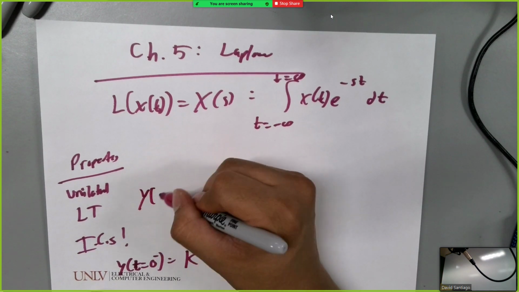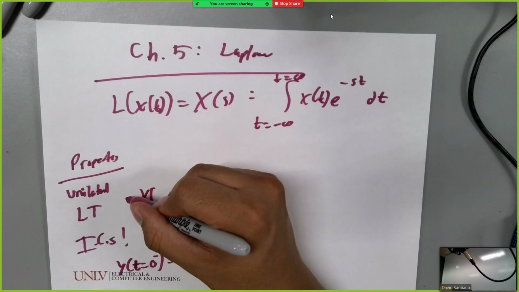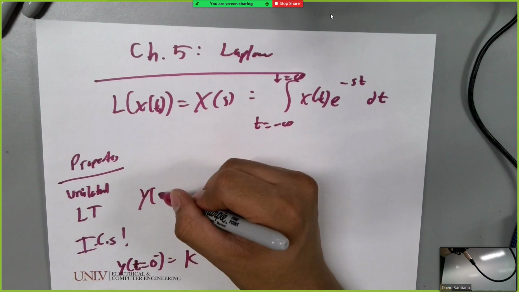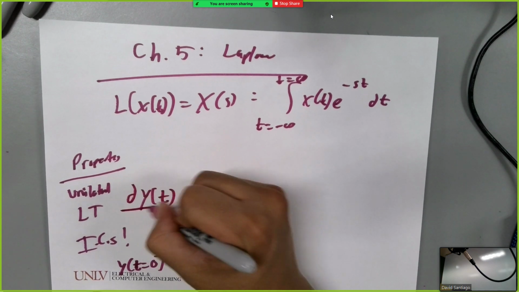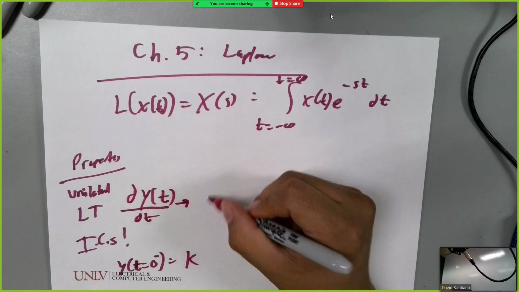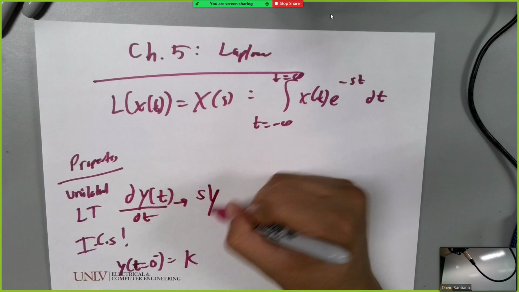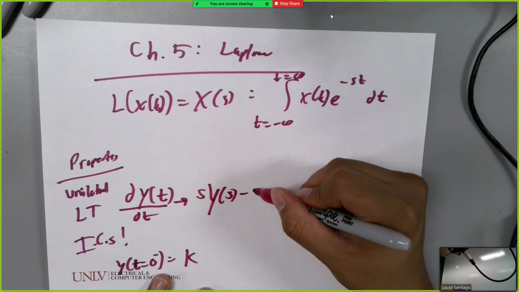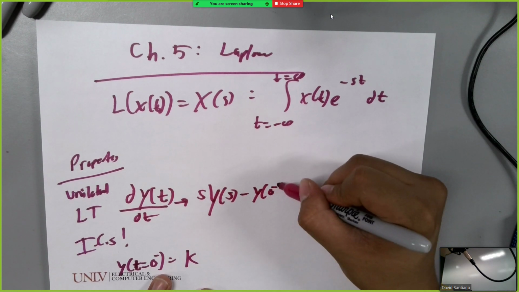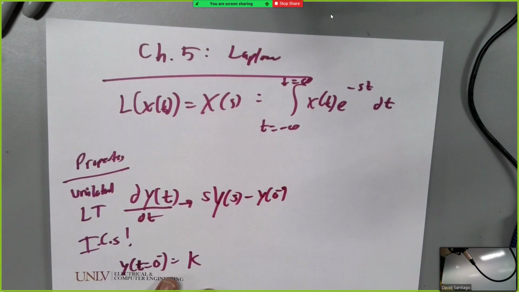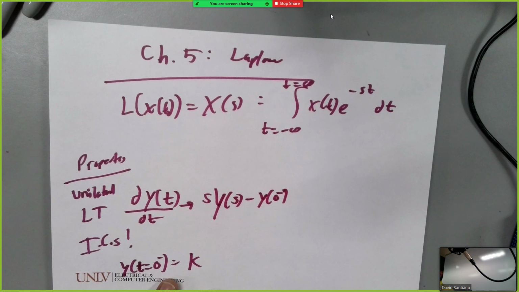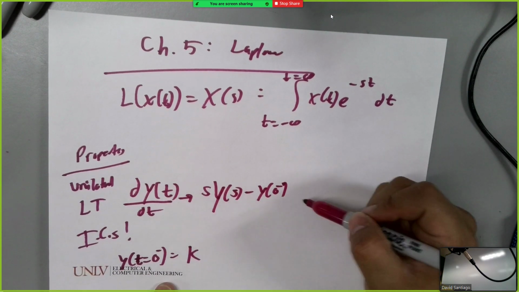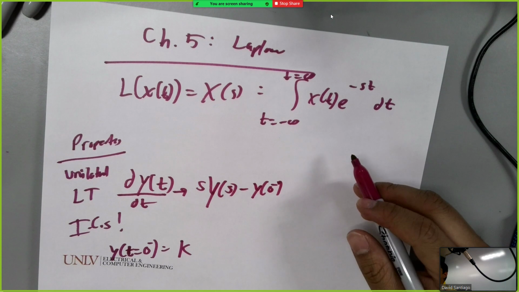Remember where you have dy/dt? That's going to turn into s Y of s minus y of 0 minus. Remember that? That's what we're going to do. I don't know what other properties there are, but that's the big cheese of the class.